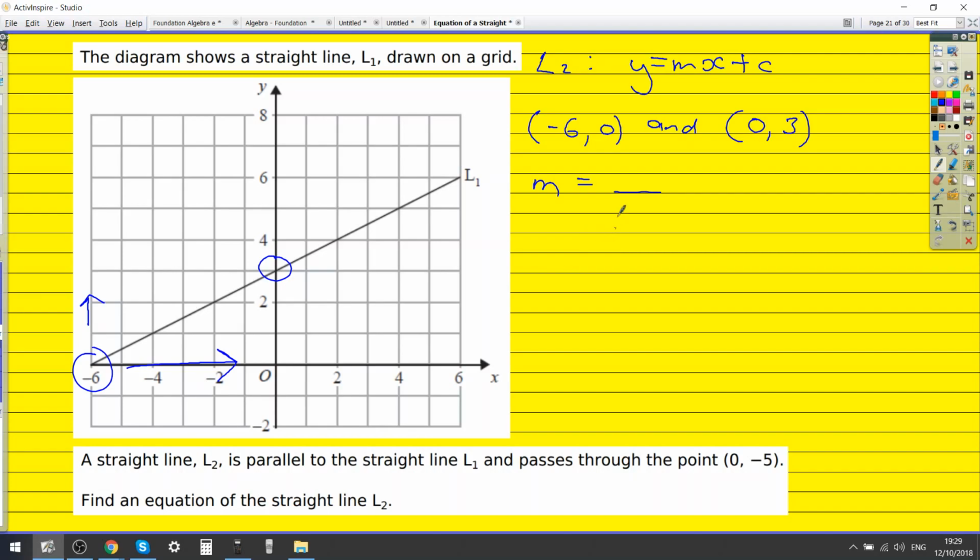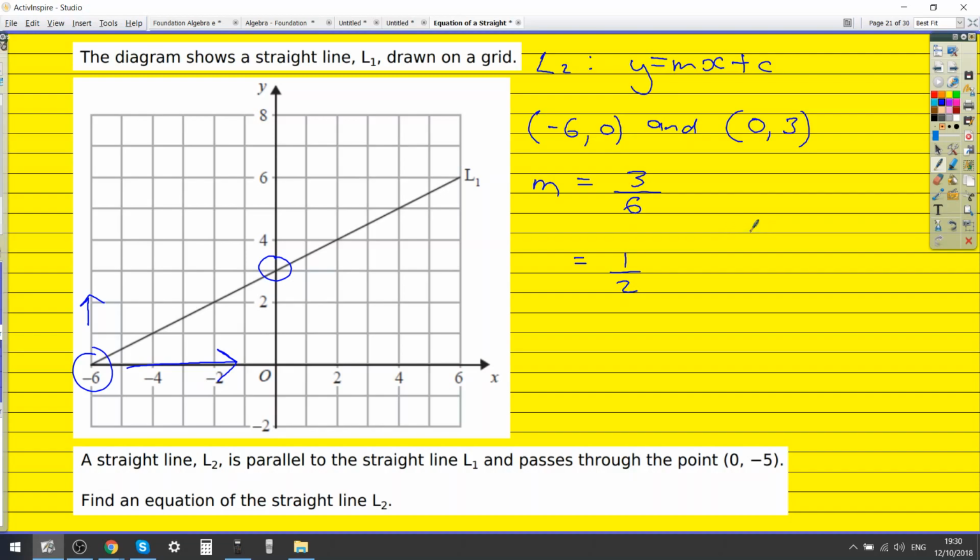So 3 on top and 6 at bottom. And then m is a half. Okay. So the m of L1 is a half.